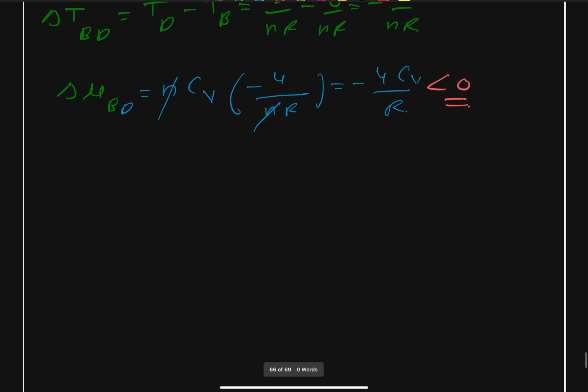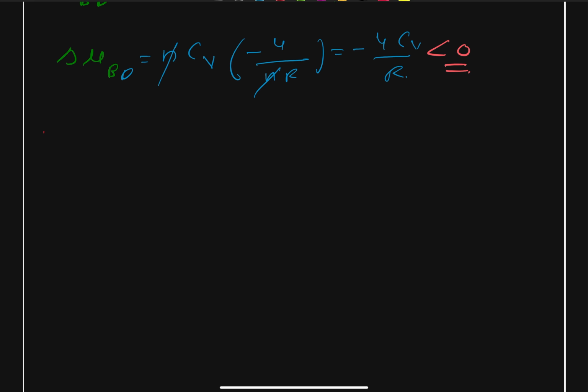So let's find out the work done. The work done for the path BC will be equal to the integral from B to C of P dV.